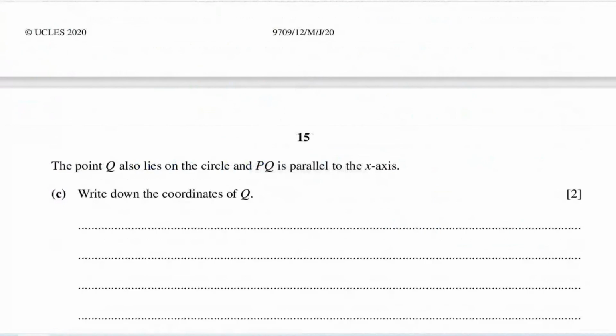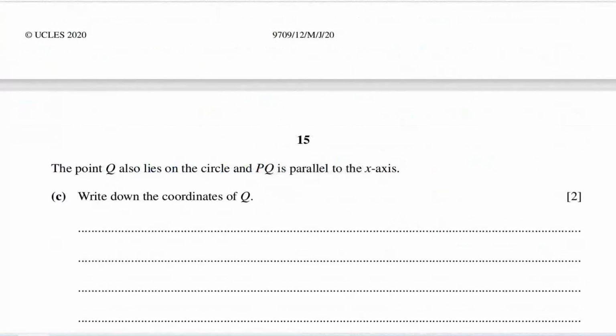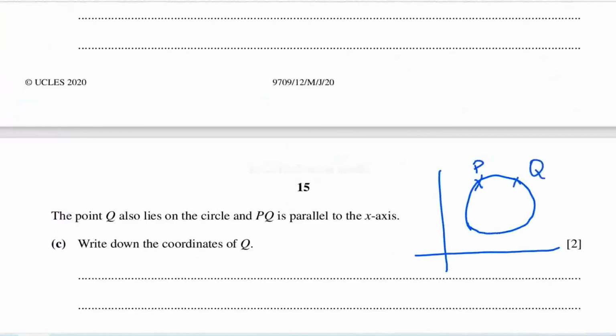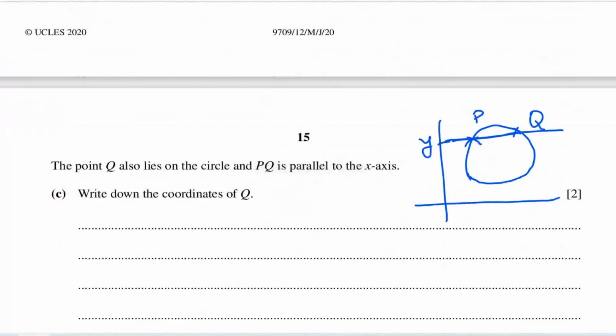So write down the coordinate of Q. So suppose say this is a circle and this is the x-axis and this is the point P and this is the point Q, and it is parallel to x-axis, means it will have the same y coordinate value. So y coordinate of P is 2.